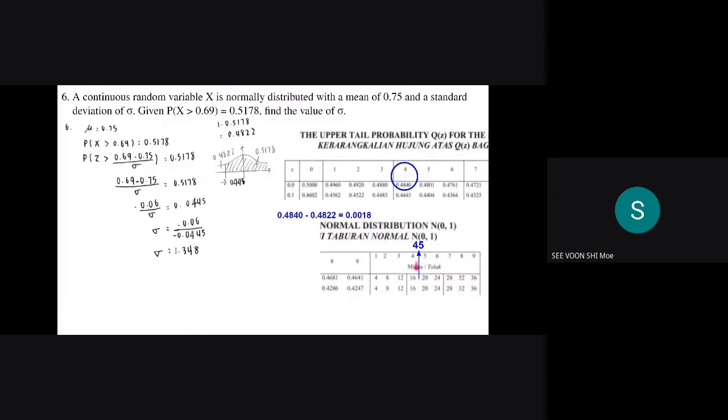So we found that 18 is between 16 and 20. So we can use this between 4 and 2, so we use the number 4 5. So from the table we can conclude the number we get is 0.0445.